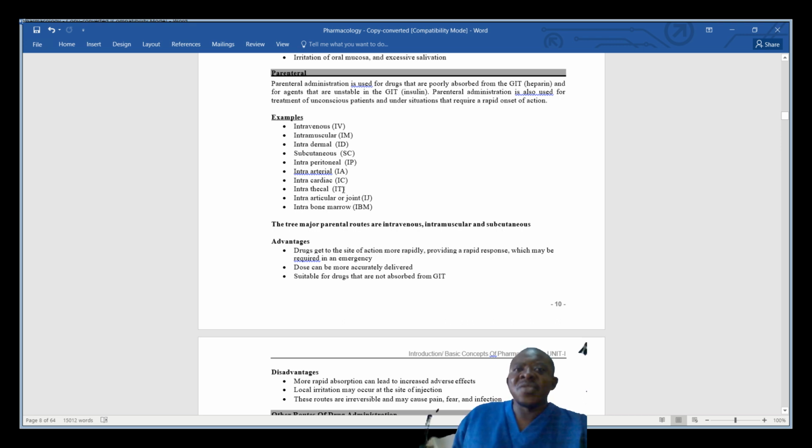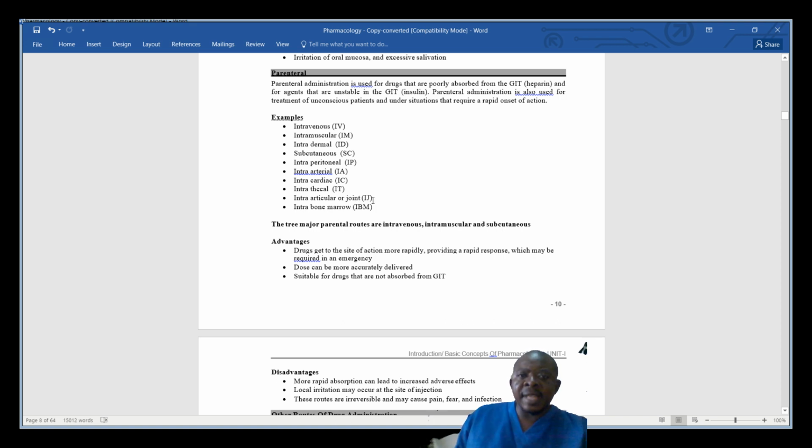Intracardiac, drugs can also be given, especially in emergency situations, directly into the cardiac muscle. Then intrathecal, in the spine, drugs can be given directly in the spine. Then intra-articular, within the joint, drugs being given in the joint.